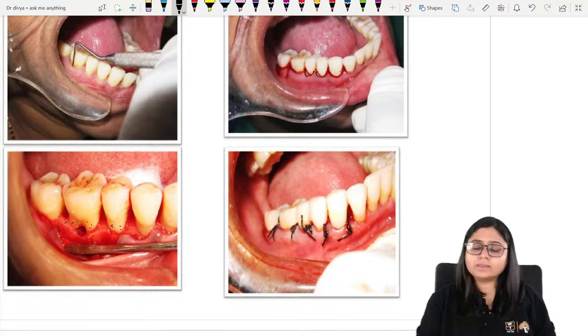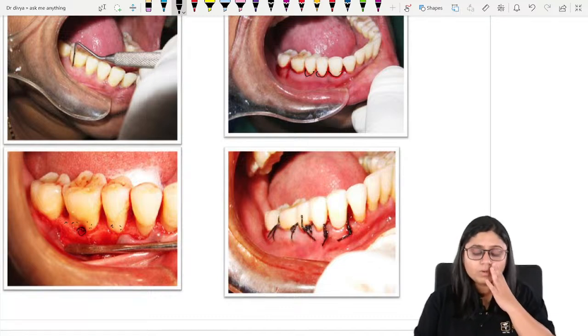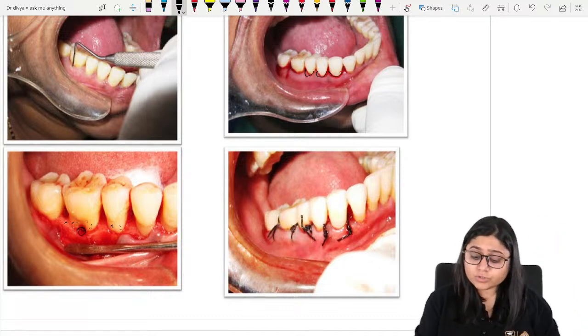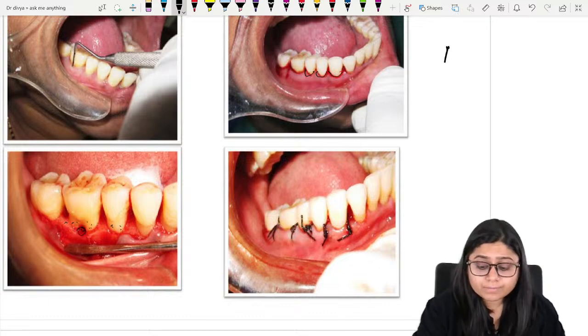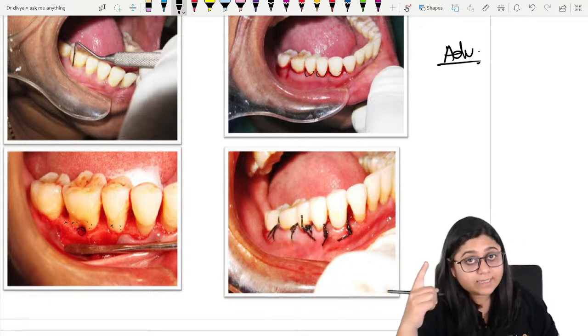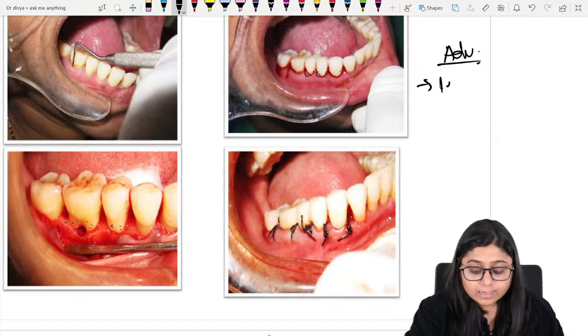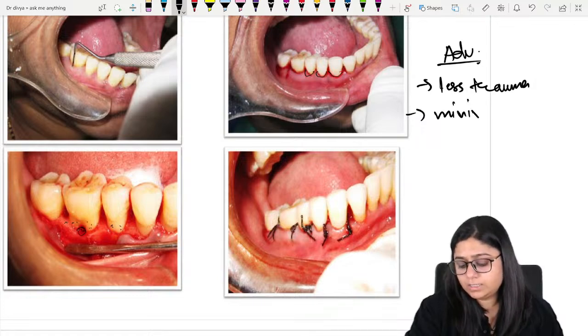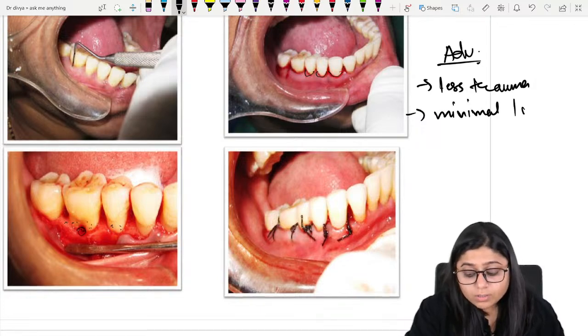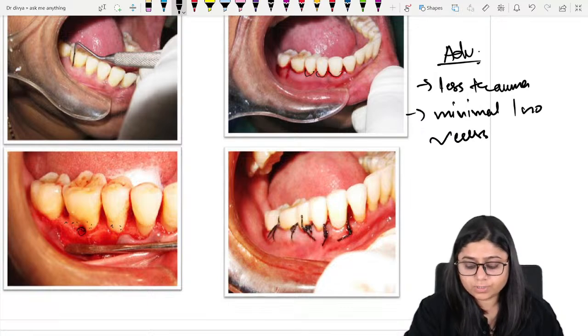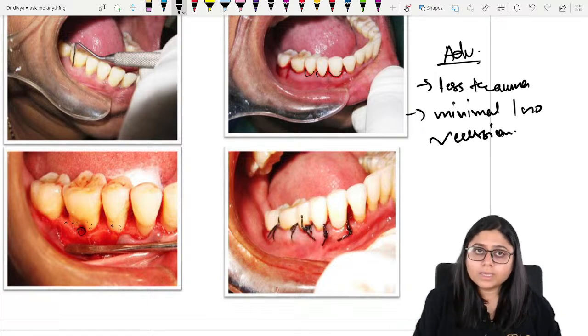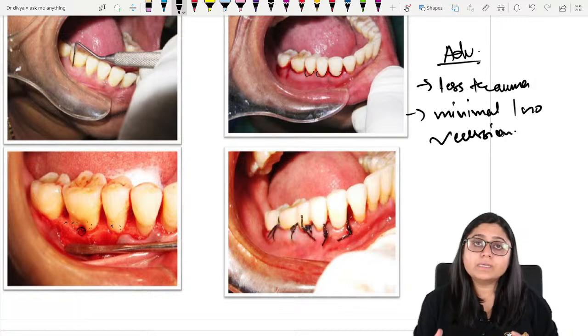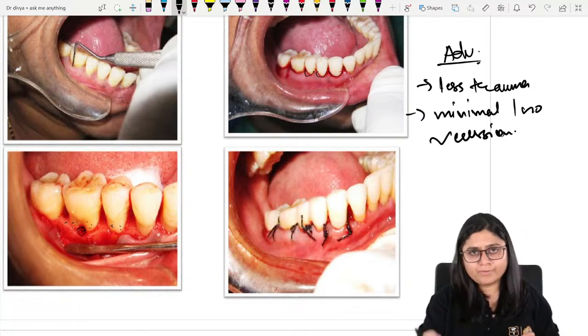We can suture back the flap. So here the advantage is only a single incision was given, so there is less trauma. Very minimal recession, minimal or no recession actually. So this is the advantage of using a Kirkland flap, which is also called the modified flap operation or the envelope flap.